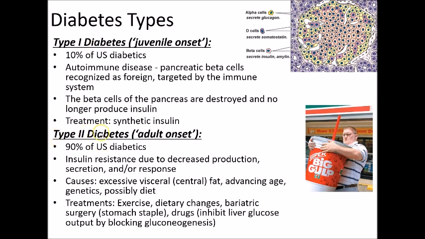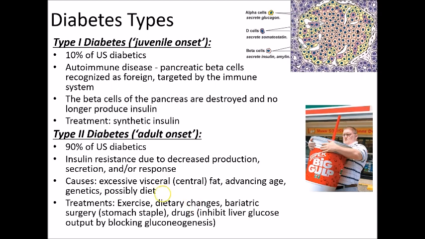The second type of diabetes is type 2 diabetes. It used to, again, be called adult onset because typically symptoms came about later in life, usually after the age of 50 or so. And that makes up about 90% of the diabetics in the U.S. So the vast majority of people in the U.S. and the world, in fact, have diabetes type 2. This is typically more due to an insulin resistance problem.